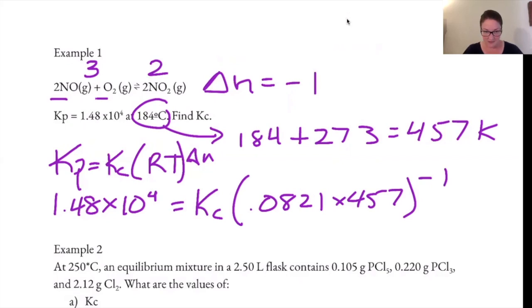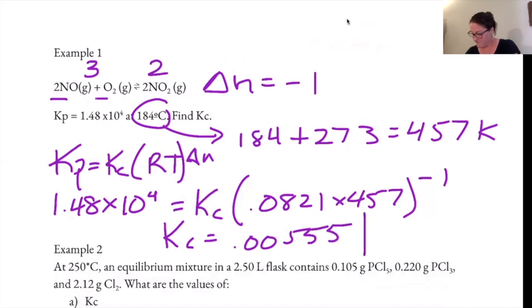Solving for Kc, 1.48 times 10 to the 4th. Now, remember, if it's in the -1 power, it's the same as being in the denominator, so I can divide by the quantity 0.0821 times 457. And this gives me a Kc value equal to 0.00555.